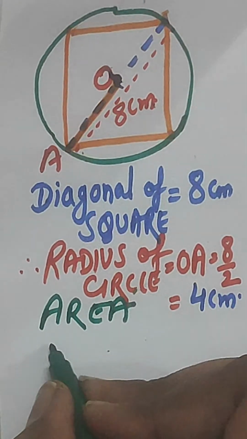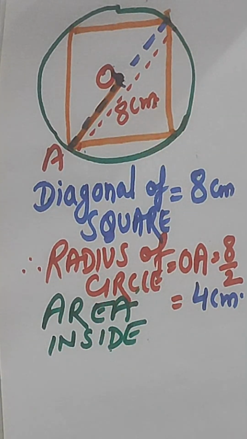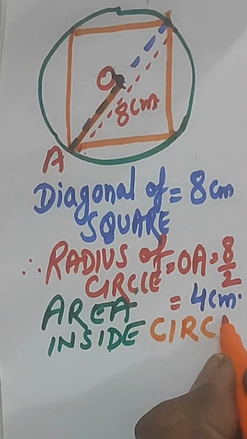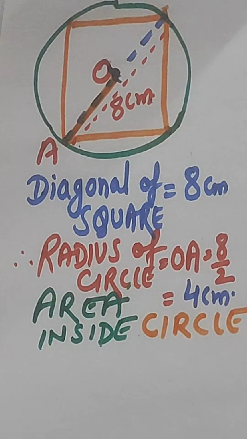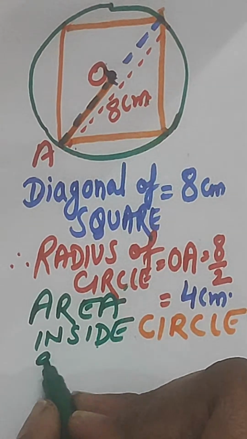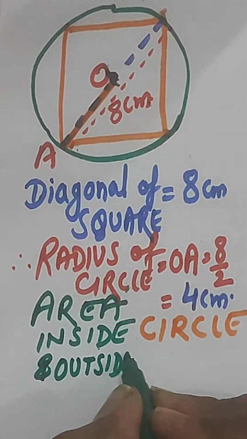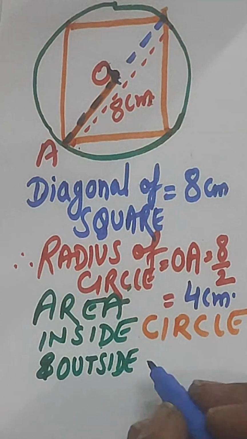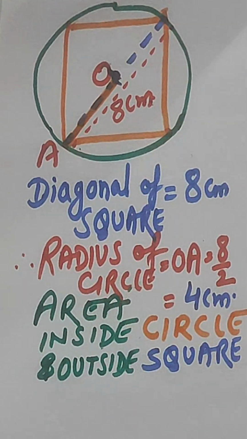Area inside the circle and outside a square is what?